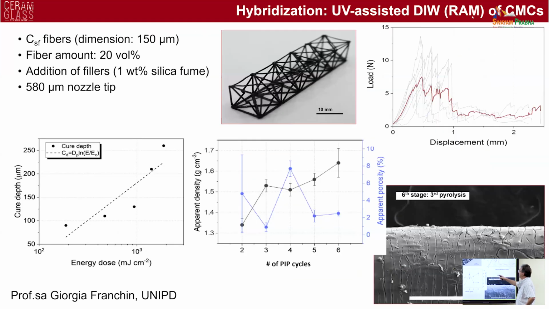So if you take these scaffolds and you fracture them, you can see that you have a composite behavior. And they also had the issues that I mentioned concerning the presence of perpendicular cracks. And if you carry out some polymer infiltration and pyrolysis cycles, then you reduce the porosity, you increase the density.